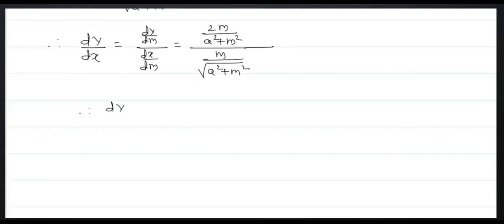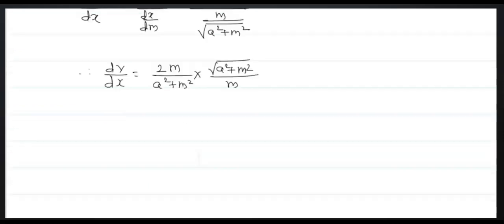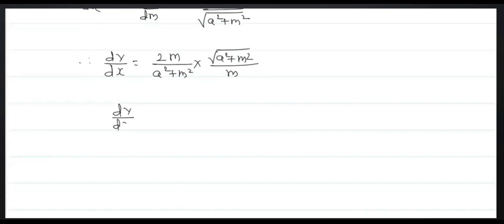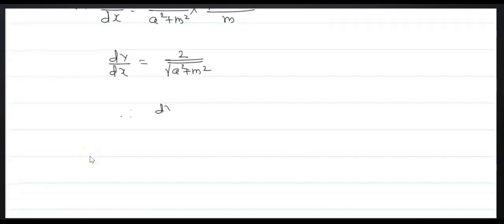Multiply by the reciprocal, and you will get dy/dx equal to 2m upon a square plus m square into square root of a square plus m square upon m. This m gets cancelled. Then you will get 2 upon square root of a square plus m square. Therefore, dy/dx is equal to 2 upon square root of a square plus m square.